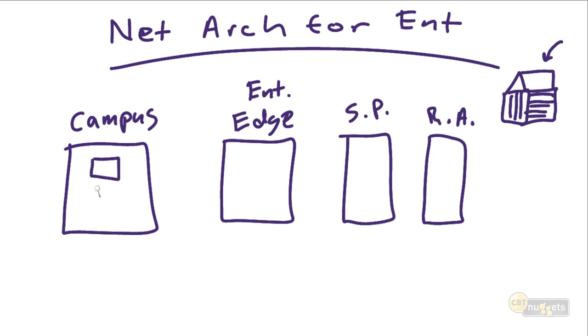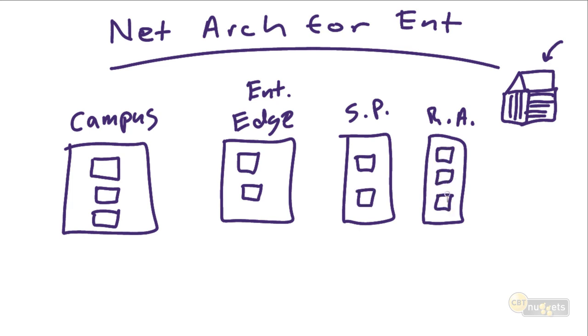Inside each of these is going to be additional modules. So what I want to do right now is focus with you on each of these major modules of the network architecture for enterprise and show you some of the stuff that would be inside each one.